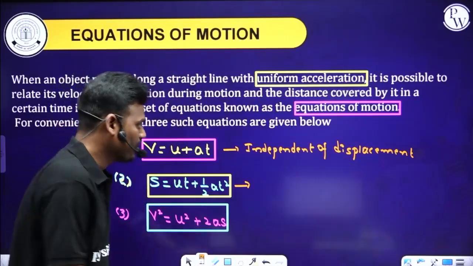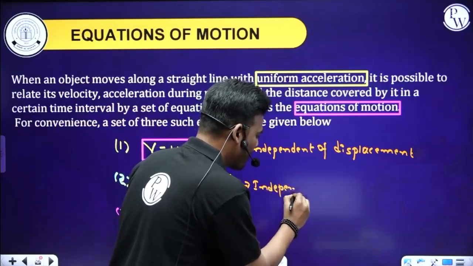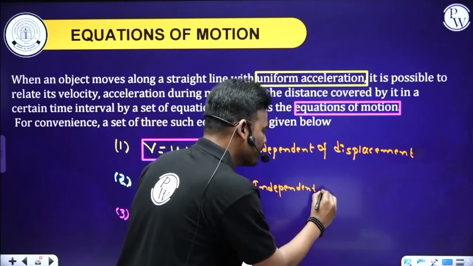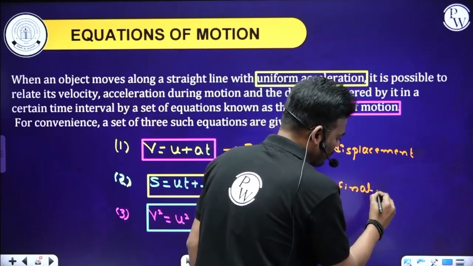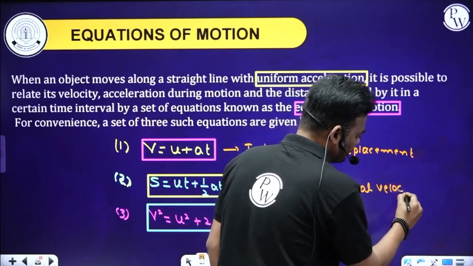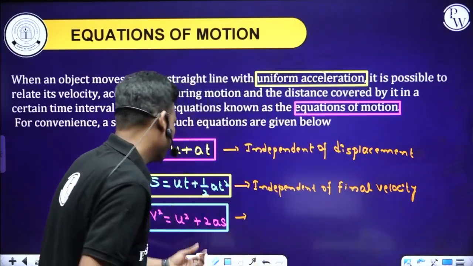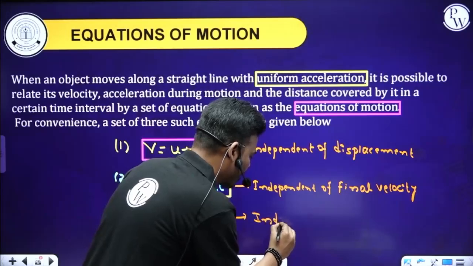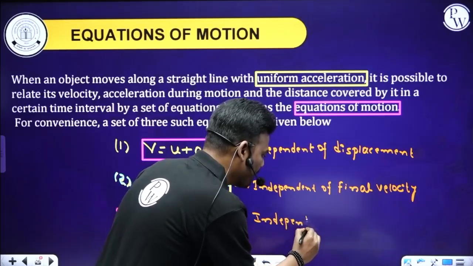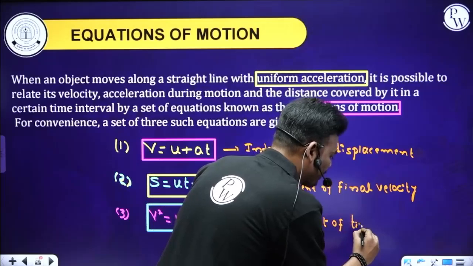V means final velocity, so it is independent of final velocity. And in the next one, you are not able to see time, right? It is independent of time.